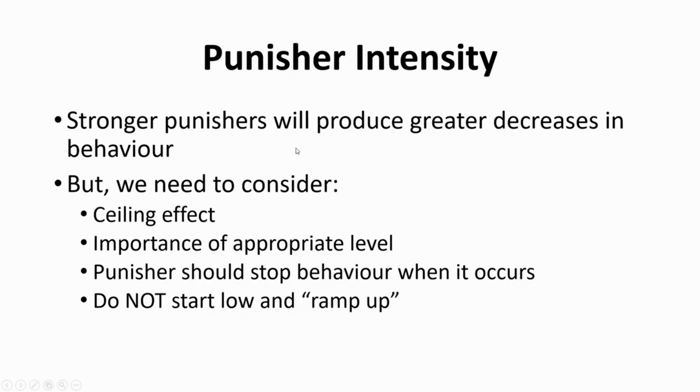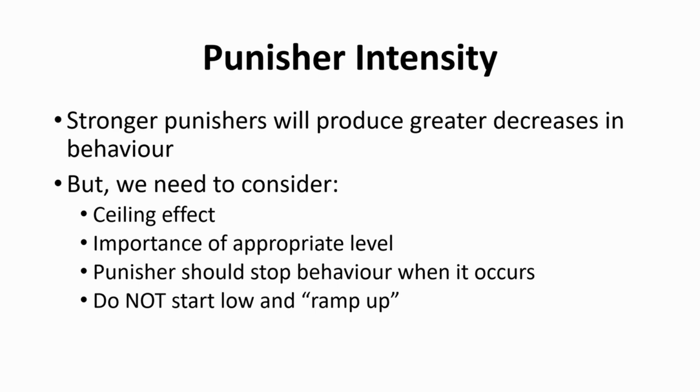Now, if we're considering aspects that influence the effectiveness of punishment, we want to also consider things like punisher intensity. So we've found through multiple studies that stronger punishers produce a greater decrease in behavior. However, there are some caveats or exceptions to this statement.